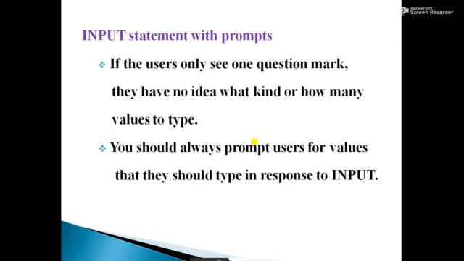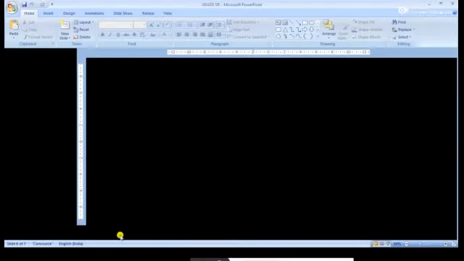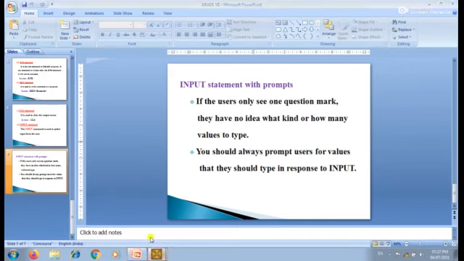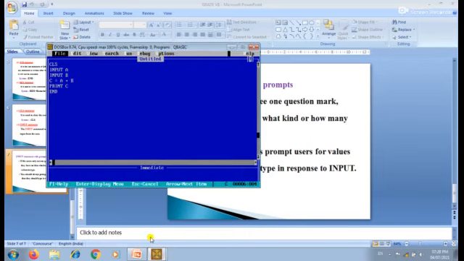So to avoid this, we use the input statement with prompts. Prompts means a text or a symbol that does some action. We should always prompt users for the values that they should type in response to input. I will show you with the help of the QBasic language.